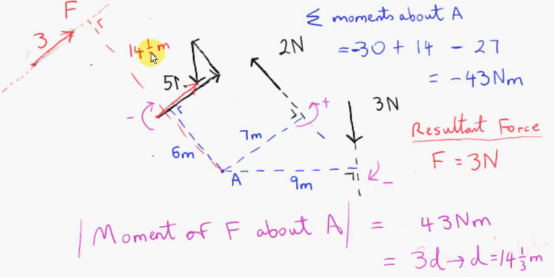So if we multiply 3 by 14 1/3, we get 43 Newton meters, and that's the magnitude of the moment, and we put a minus sign in front of it because it's a clockwise moment about the point A. Clockwise moment is negative.